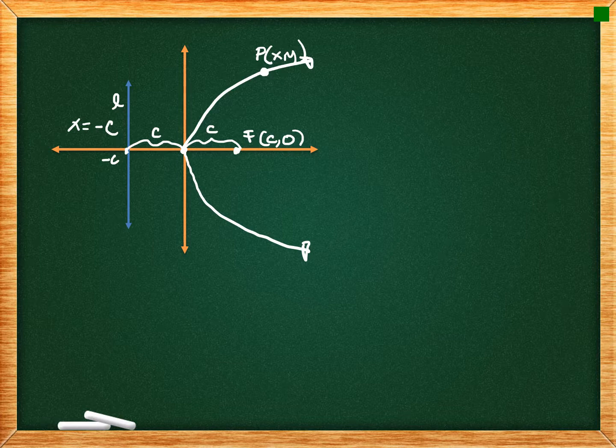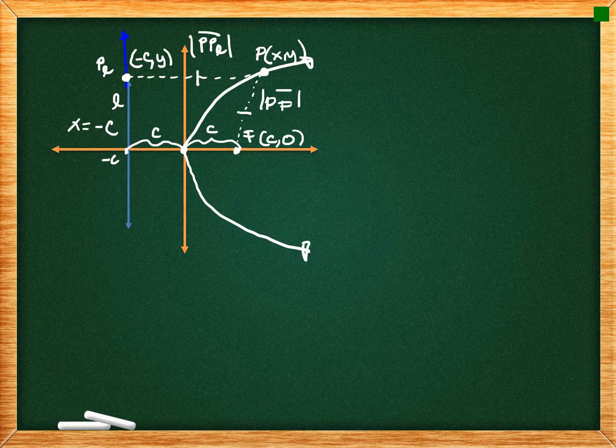So if we extend our directrix going that way, we can say that if P is on the parabola, the distance from P to F is equal to the distance from P to line L. So this point here would be our P sub L, and P sub L would have the coordinates x is negative c, and y is whatever your y is. So this would be our P to P sub L.